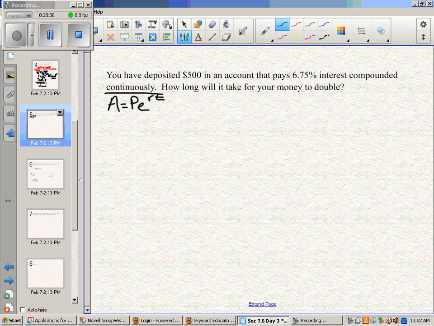Do we know what A is? Why? Good. We want our money to double. We're starting with 500, so A is? Okay, what else do we know? P is 500. What else do we know?